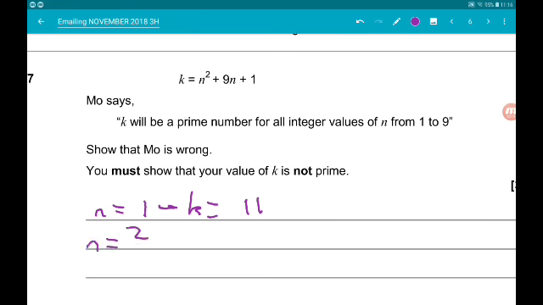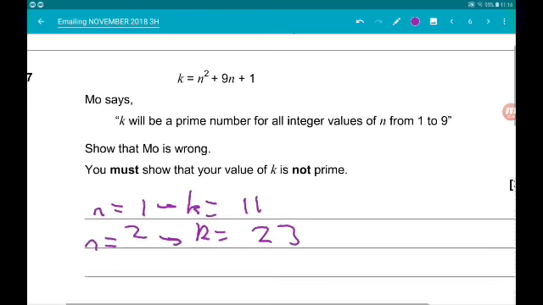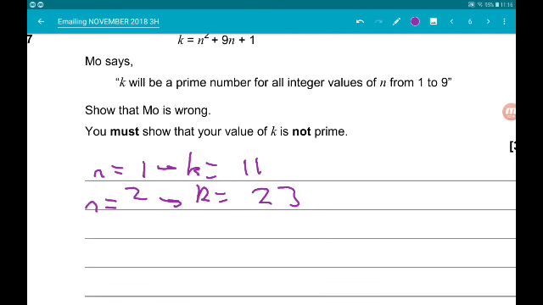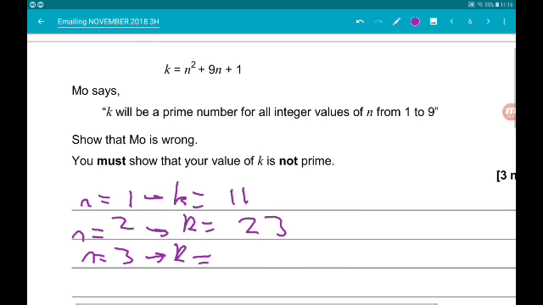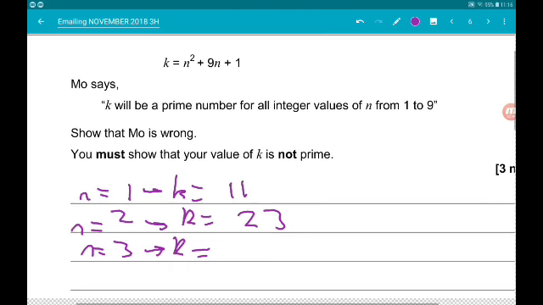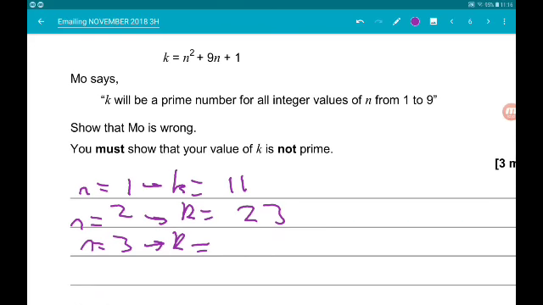When n is 2, k is 4, add 18, add 1, which is 23, which is prime. When n is 3, k is 9, add 27, add 1, which is 37, which is prime.